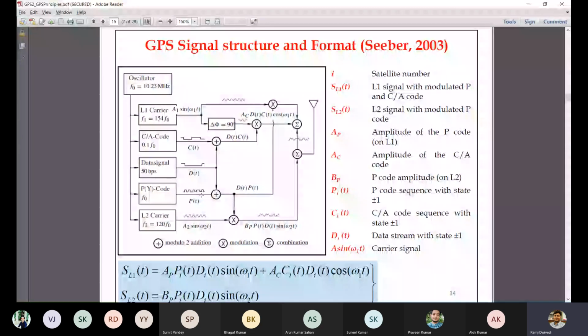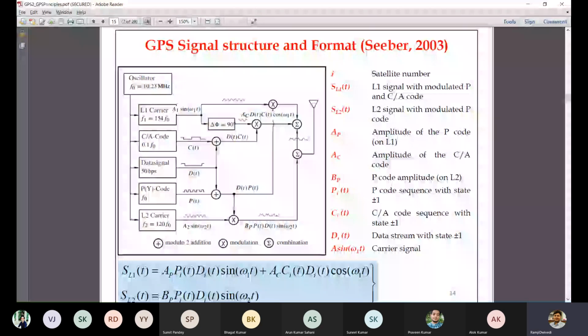Then the P code is again modulated over L2, and the other part is modulated over the replica of L1. So it becomes A_P D(t)P(t) sine omega 1 t.